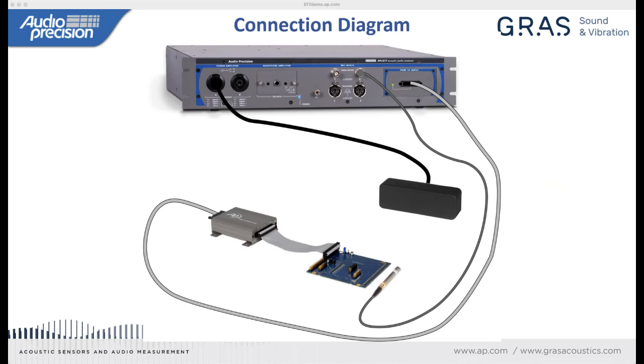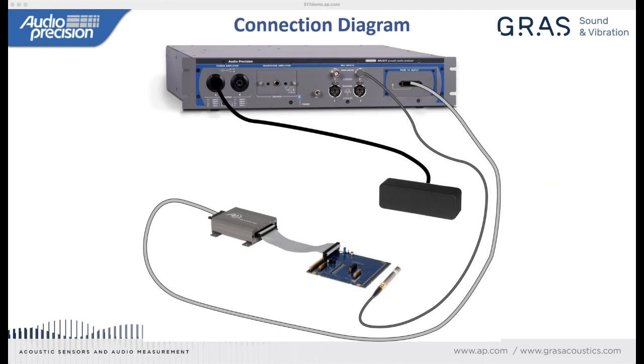And to put that into perspective, at 20 hertz, the wavelength of sound is extremely long. I believe it's around 10 meters or so. So at that frequency, if we were measuring 20 hertz, these microphones could be, especially if we were in a free field, meters from each other.